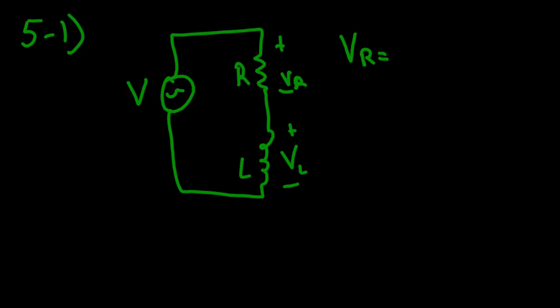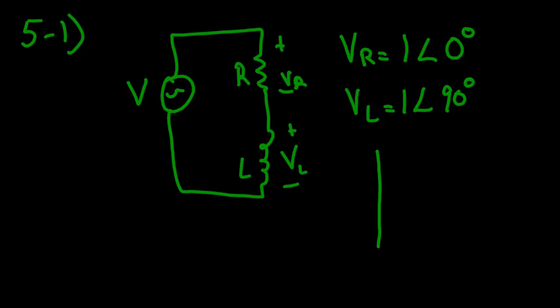VR is equal to 1 at an angle of 0 degrees, and VL is equal to 1 at an angle of 90 degrees, right? So if we were to draw this, we would have something that looks like the following. At 0 degrees, we have the vector VR, because it's at 0 degrees.